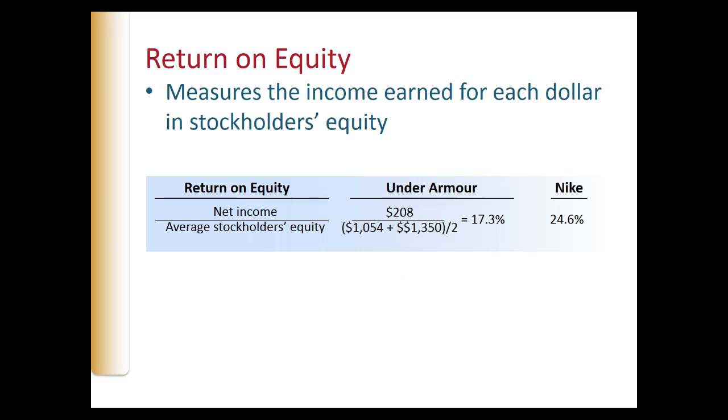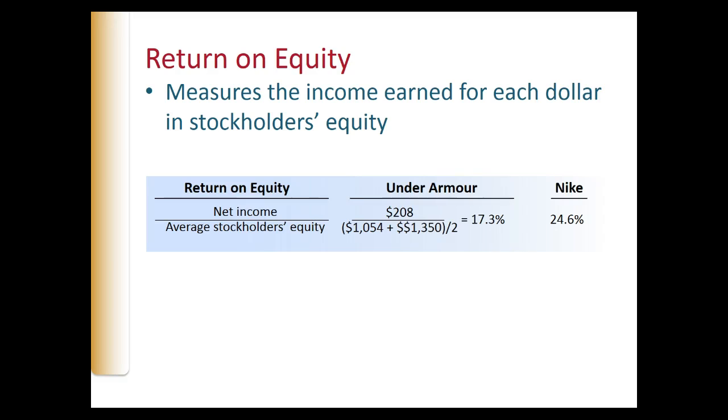Now, return on equity measures the income earned for each dollar in stockholders' equity. Return on equity relates net income to the investment made by owners of the business. The ratio is calculated by dividing net income by average stockholders' equity.